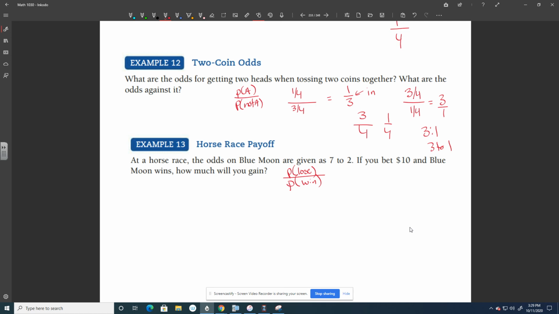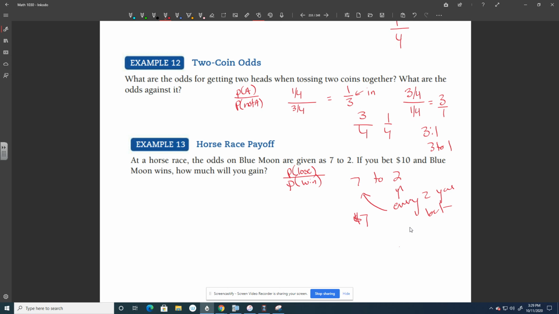Now, the way that you figure out bets, and again, I love that this is part of our curriculum. When it says the odds are 7 to 2, what that means is for every $2 that you bet, you could win $7. So for every $2 that you bet, if Blue Moon wins, you get $7.